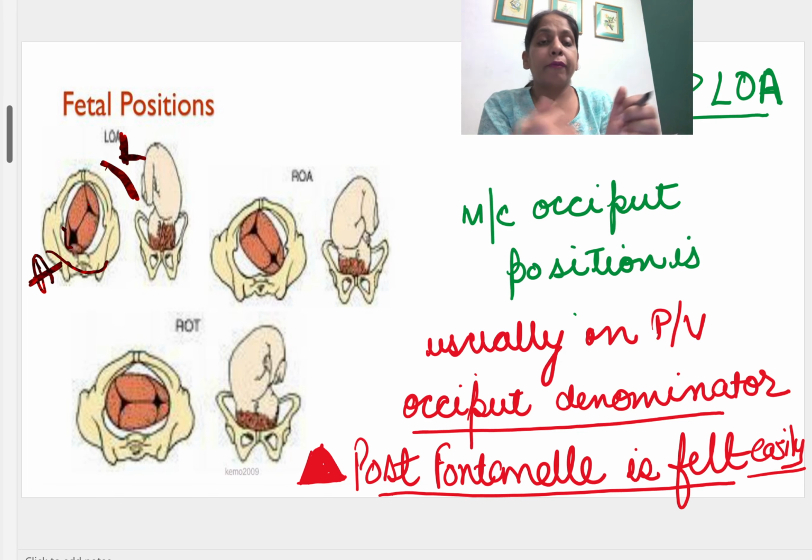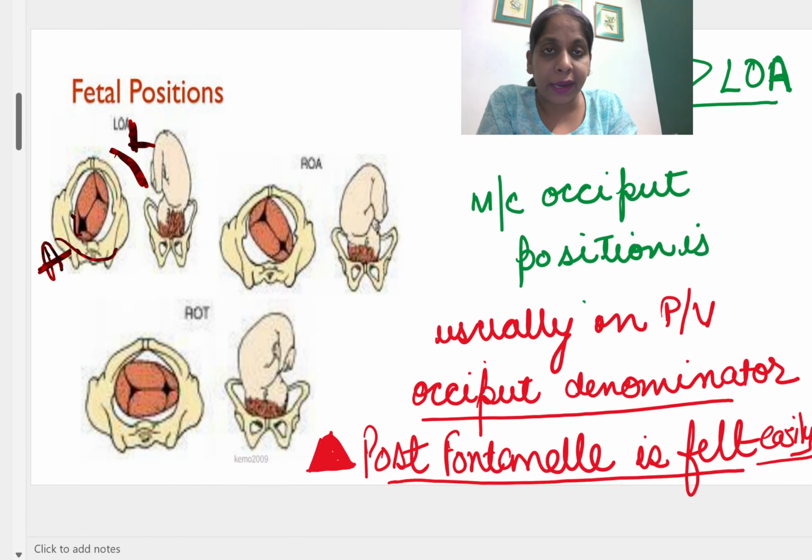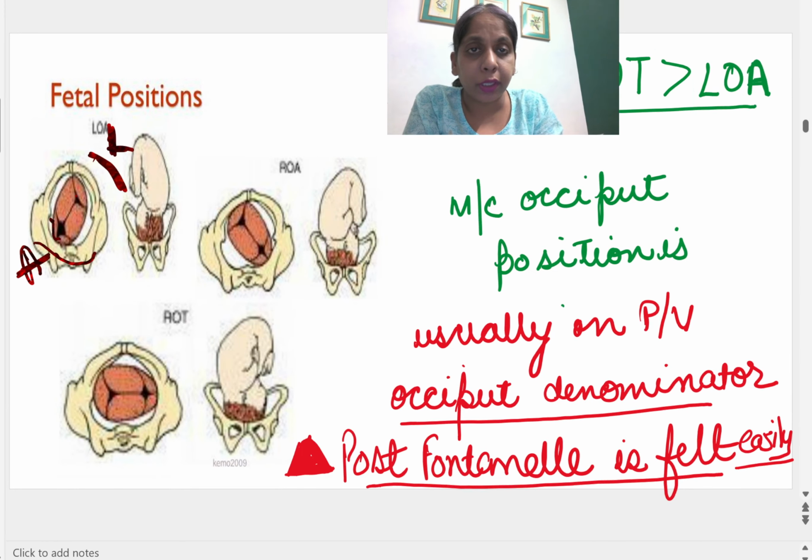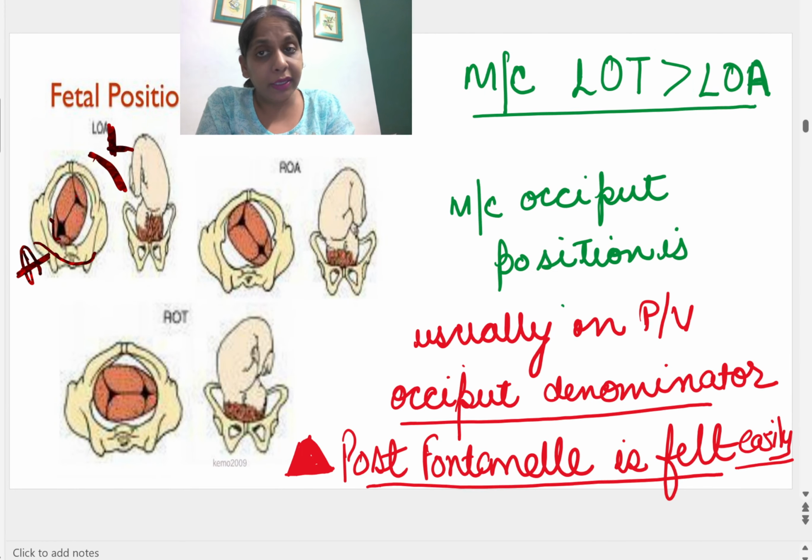Okay, so we have to take right or left with respect to the pelvis, and we have to take anterior and posterior with respect to the pelvis.